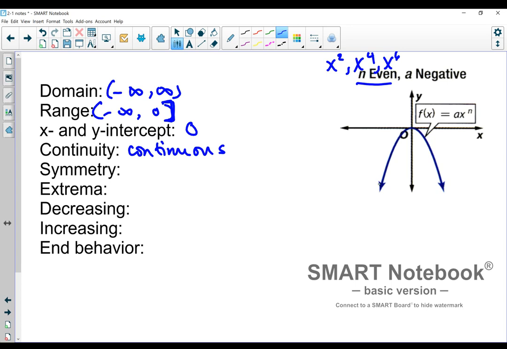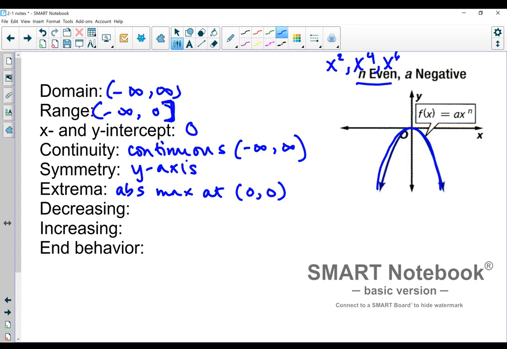Just like it was before, I can trace the entire graph without picking my pencil up. I still have y-axis symmetry. Now I have an absolute maximum at 0, 0. Let's see, decreasing and increasing now.